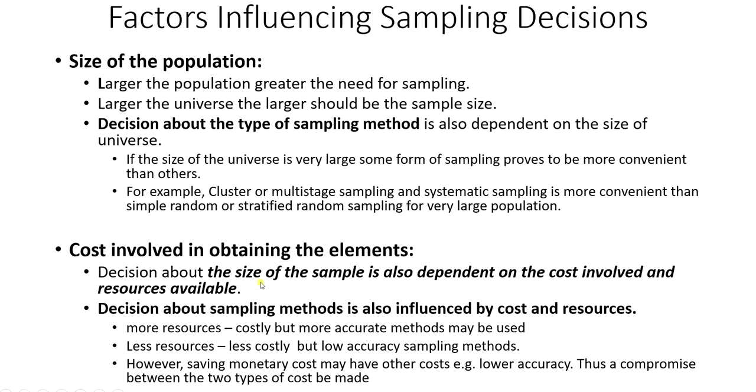If we are going for a low cost sampling method, it involves some hidden cost like lower accuracy. More biased samples are likely, and therefore the results will also be less accurate.